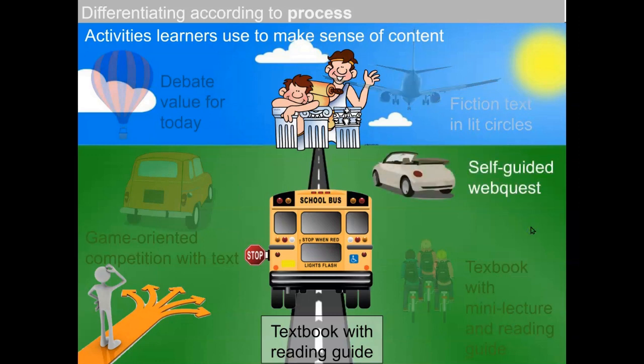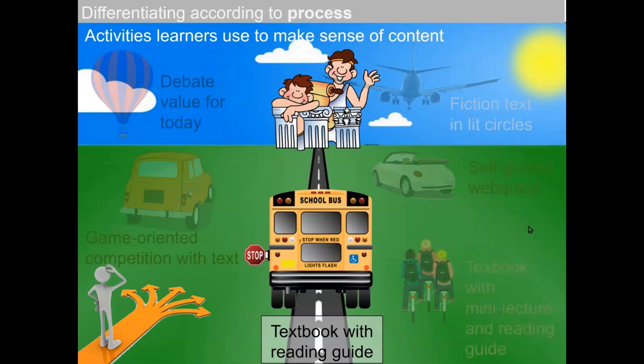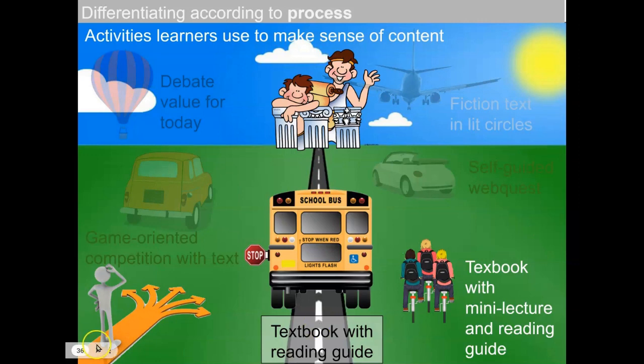Not 6 different ways at once, but where you might add one more path for them to have a positive interaction with the content that you have selected as important. That's a first healthy step in differentiating according to process. This range of examples just gives you some ideas about what options might exist.